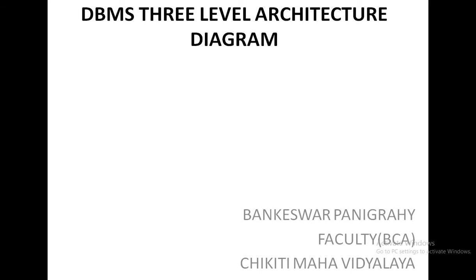How the different levels are available in database systems, how they interact with each other, and how they are related with the user. All these concepts we are going to discuss in our three-level architecture diagram.